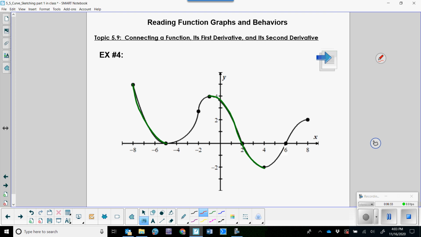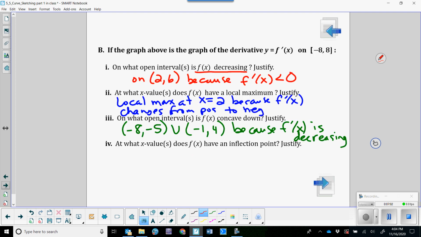So you're going to have an inflection point here because f prime changes from decreasing to increasing, which means it goes from concave down to concave up. And at x equals negative 1, it changes from increasing to decreasing, so there's another one. And at 4, we change from decreasing to increasing, so that's another place.